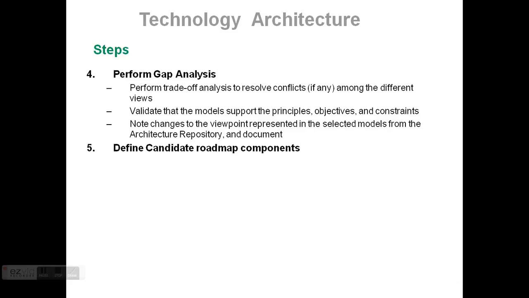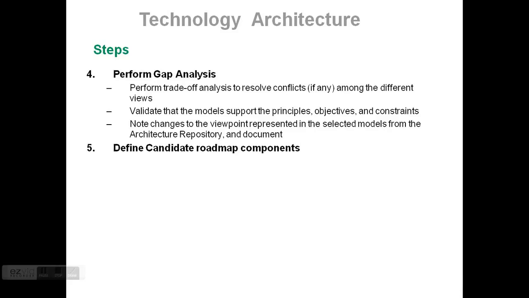Now we know where we are, we know where we want to be, we know what is in between, and now we have to create a roadmap of components that we need to put in place in order to close the gap.